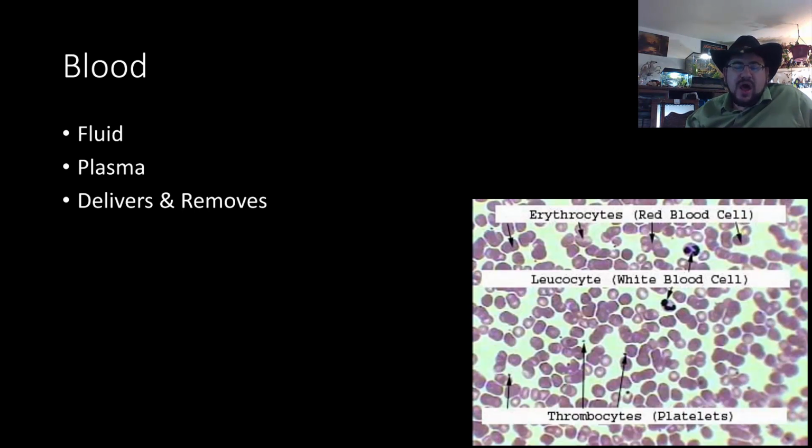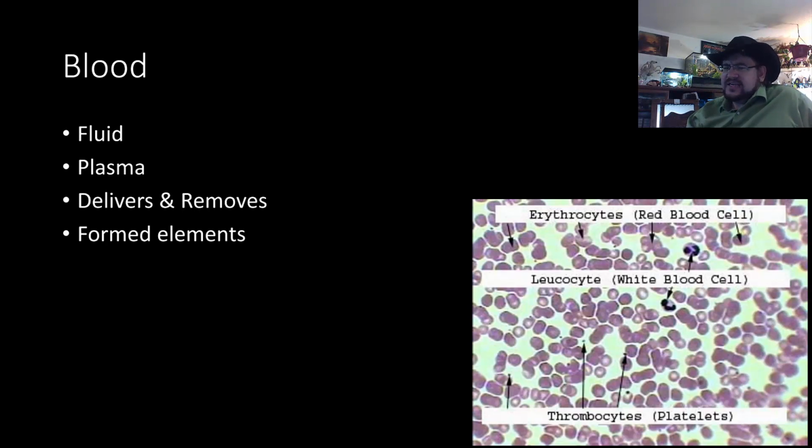So we call the different types of cells in the blood the formed elements. So when you see formed elements, think blood cells. Obviously, we have red blood cells, but we can't say red blood cell. This is science, anatomy.